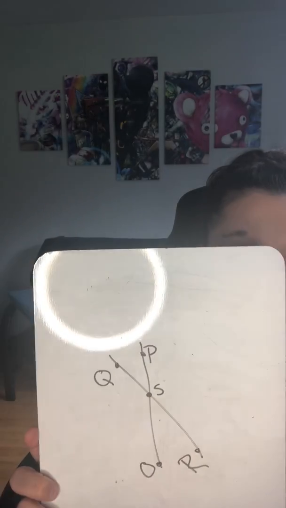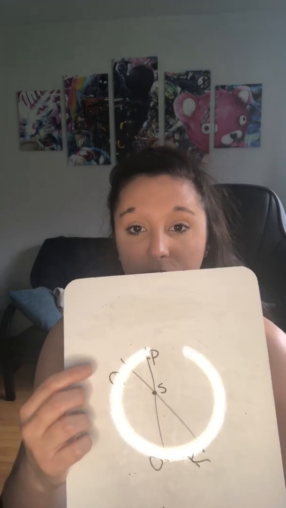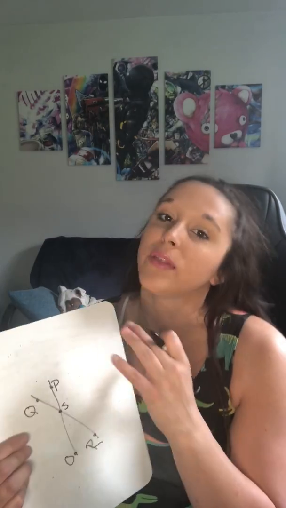We're going to label that S. So line OP intersects QR at point S. They usually show the point that it intersects. Those are intersecting. They're just lines. They don't intersect being perpendicular.